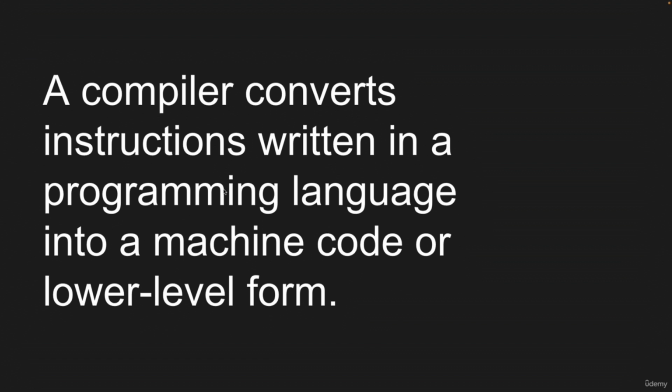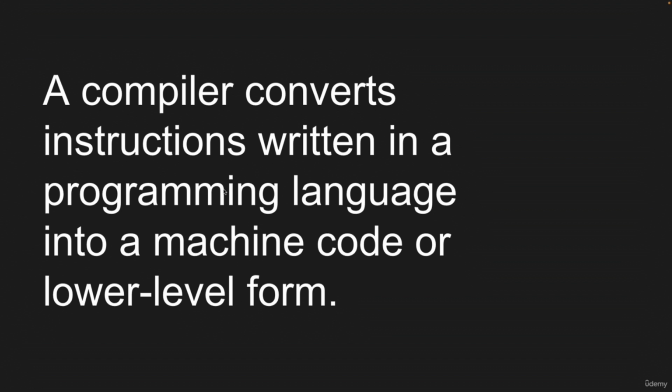The reason a compiler is more of a multi-step process is because it has to convert that source code into machine code, and then the computer has to execute that machine code.